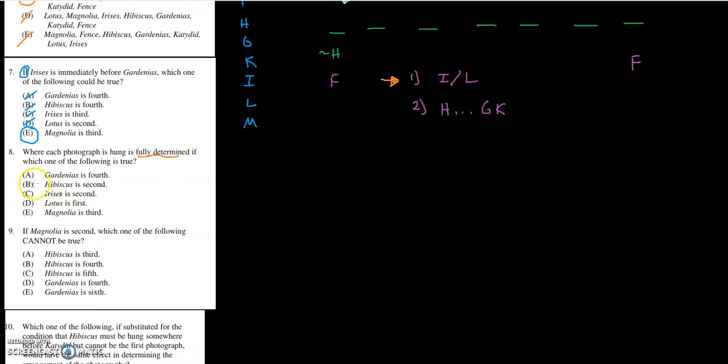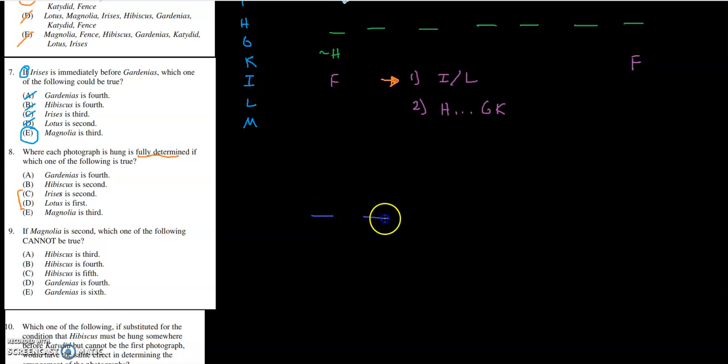And it doesn't seem obvious to me that either A or B or E would be acceptable, because none of them have anything to do with where I or L go. So my gut hunch is that I would try to tackle these ones first and see if that makes the thing fully determined.